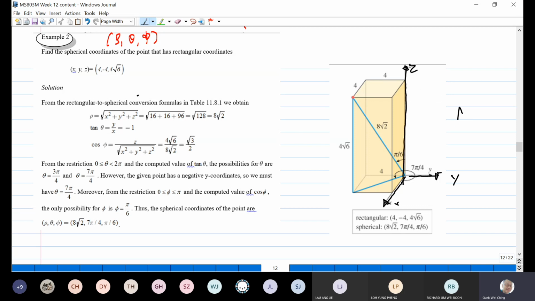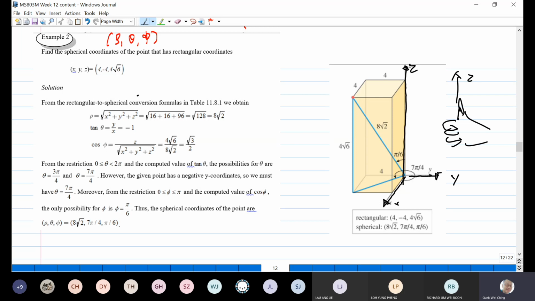Usually use your right hand, crossing from the x-axis to the y-axis, and the thumb should be in the z direction.